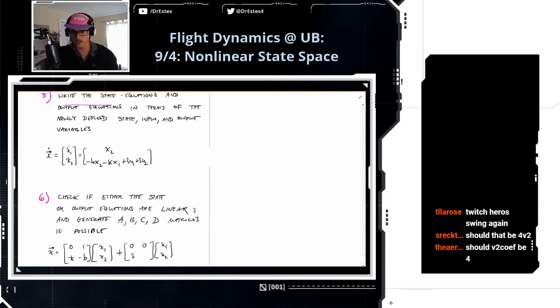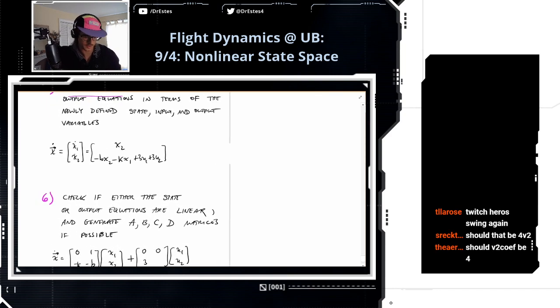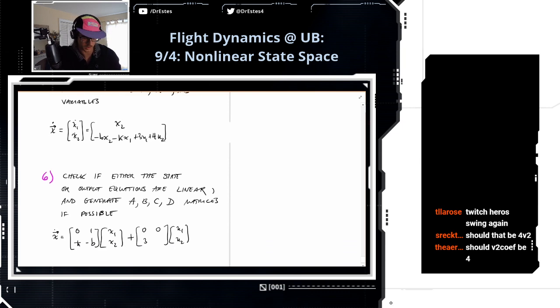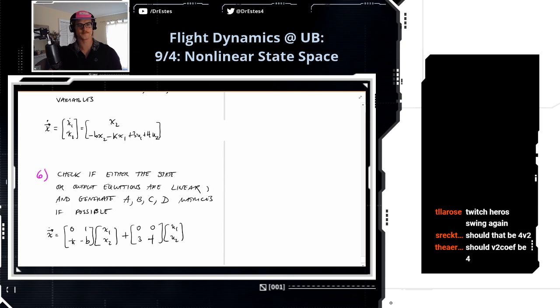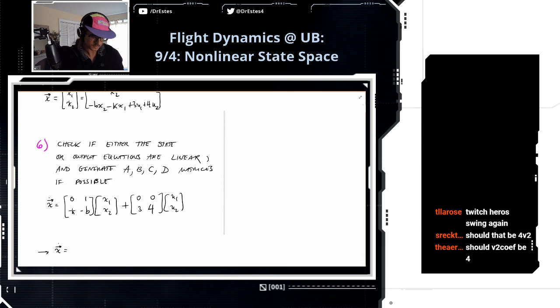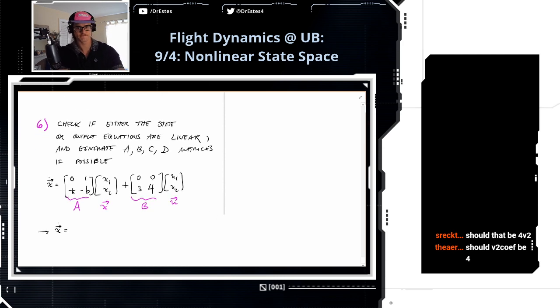Okay, thank you very much. So it should be a 4u2 up here, and then that means this is 4. So this matrix is the A matrix. This is the B matrix. This is my state vector. This is my input vector. So in this case, we can do Ax plus Bu.